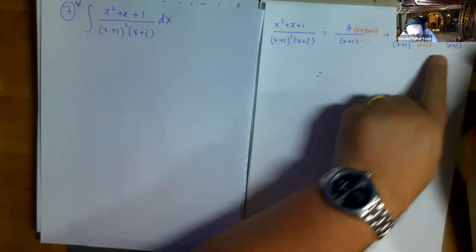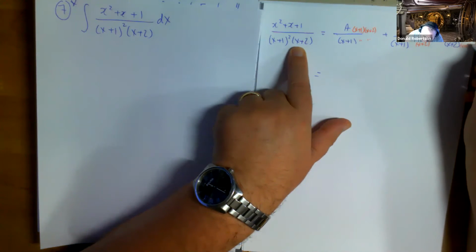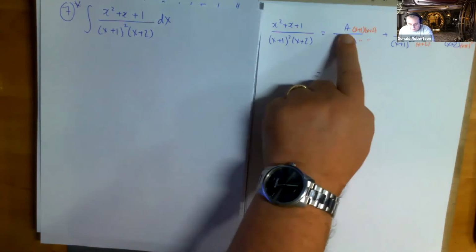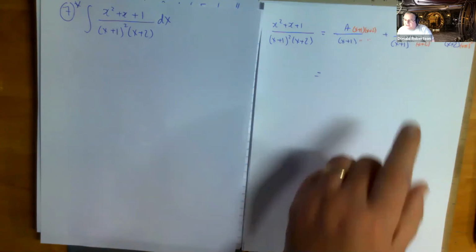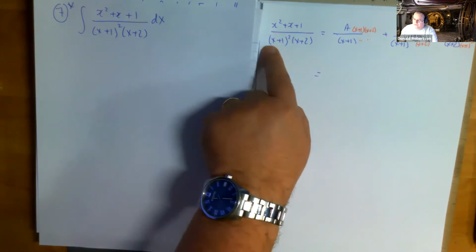And what's the C got? The C's got an x plus 2, but doesn't that make it missing an x plus 1 squared? Are you comfortable about how you can figure out what each piece needs to be able to put together as a single fraction? It's essentially, what is it missing? What's it not got that this has?